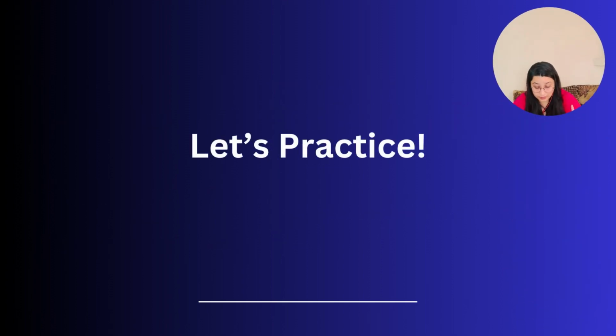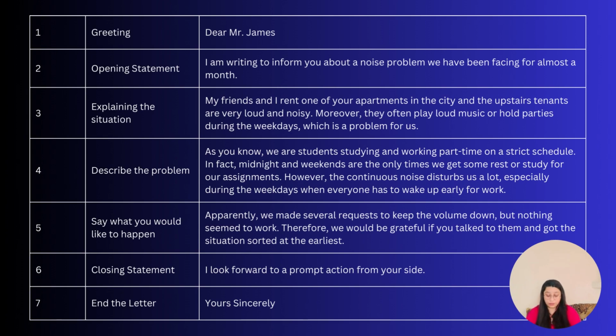Now let's practice. We'll be dividing the parts of the letter, and we'll also be talking about the body structure. The body structure will include explaining the situation, describing it, and suggesting solutions. So this is how we will write this letter. We'll do the greeting first: Dear Mr. James.